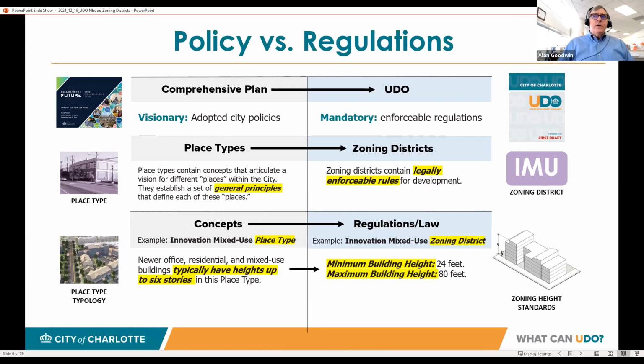So out of the comprehensive plan, we have a variety, a menu of place types. And these can be thought of, they're not a land use map, but they kind of are a land use map with additional policy guidance, as well as what a place should be, but also how it should look, what should be various aspects of the place.